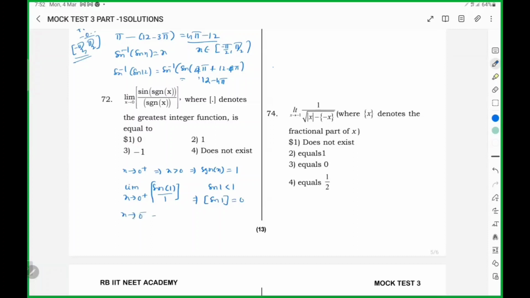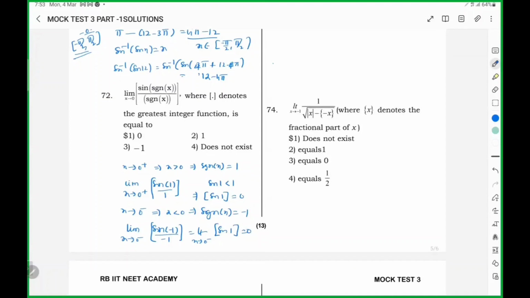As x tends to 0 minus, x is less than 0, as sgn of x is minus 1. The limit as x tends to 0 minus of sine of minus 1 by minus 1, which is sine of minus theta is minus theta, the minuses get cancelled. It is 0 because sine 1 is less than 1.